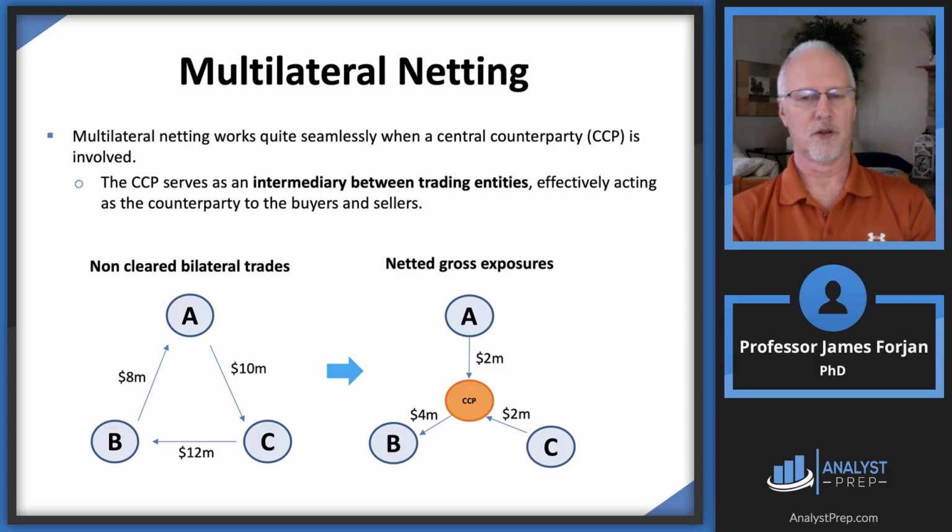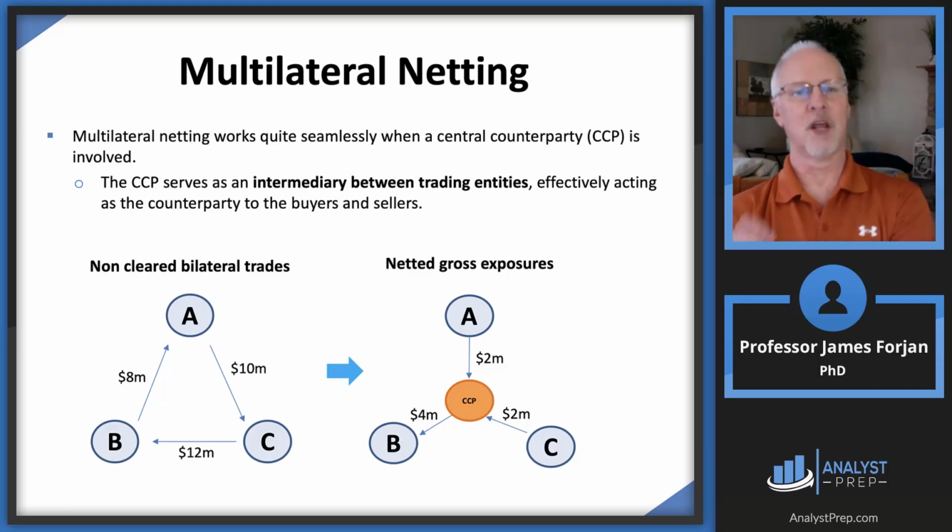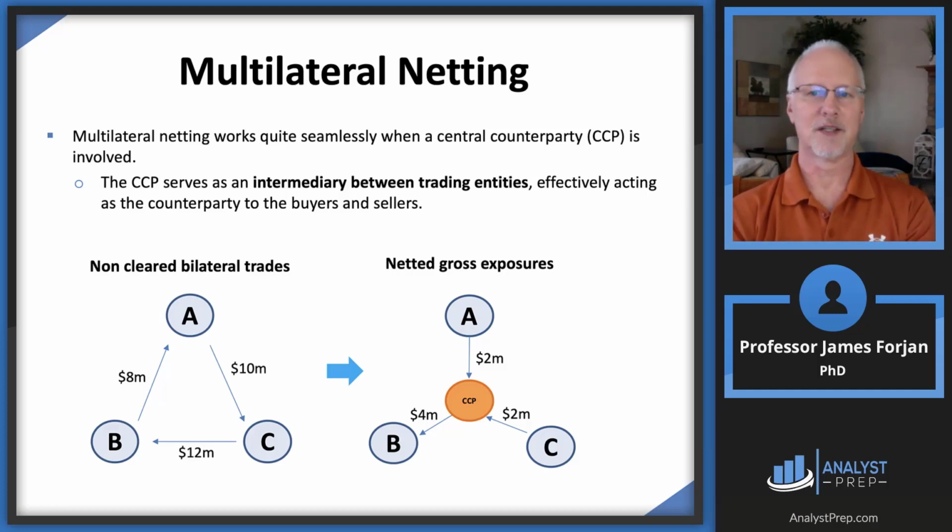So of course, let's just do the math quickly on one of these. I owe A 8 and C owes me 12. And so the easiest thing for me to do is just receive 4, right? But we can't do that unless there's another party. And that's what that central counterparty is in the middle that I have in orange.